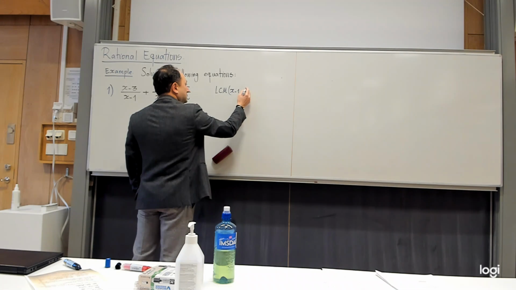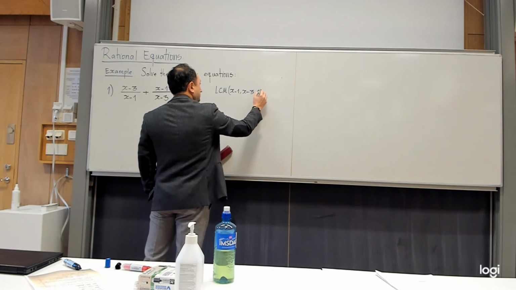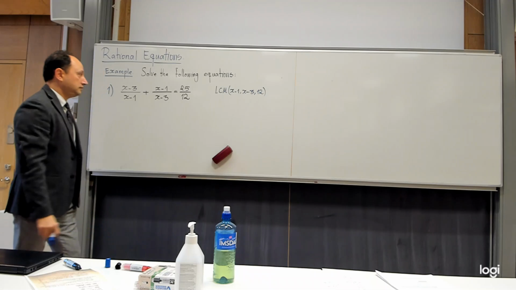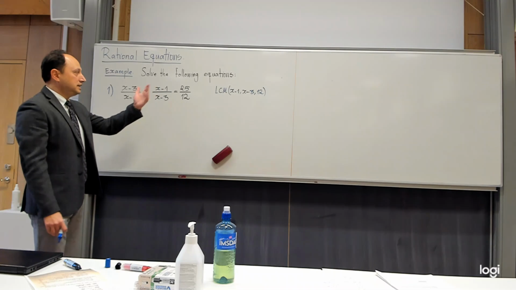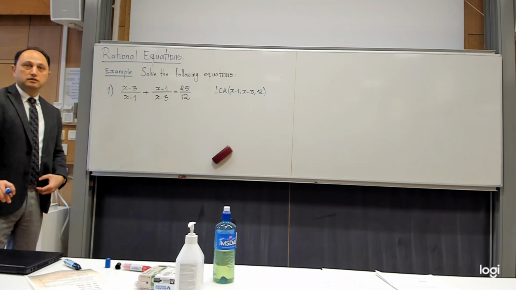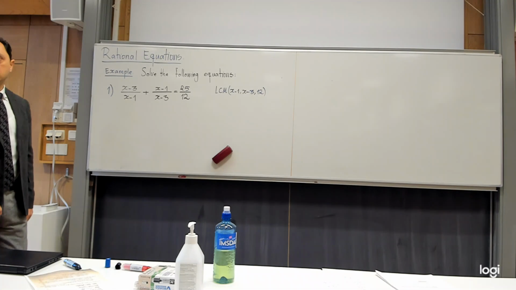No, it's called the least common denominator. So x minus 3 and 12. Okay, so what is that? In this case, what is the least common multiple for these 3 expressions?